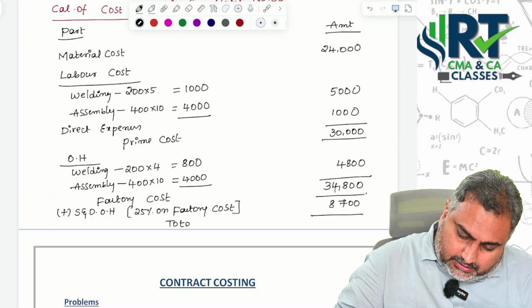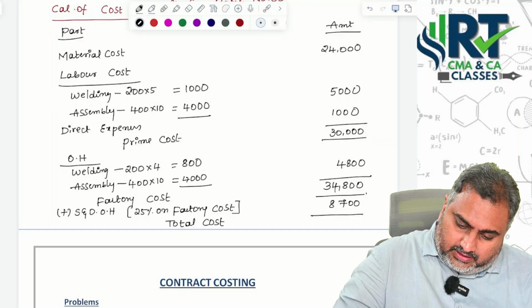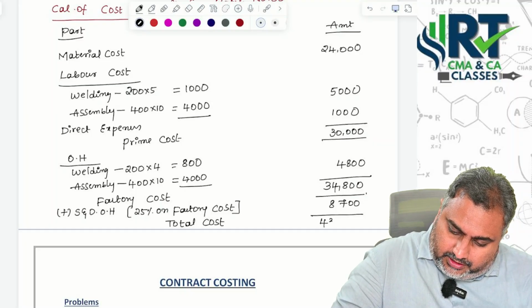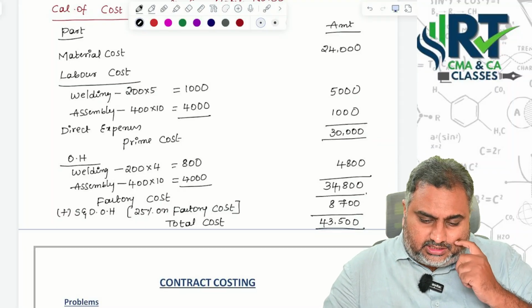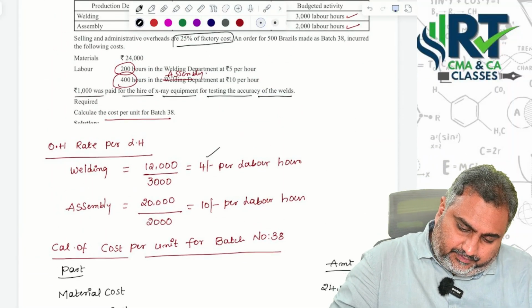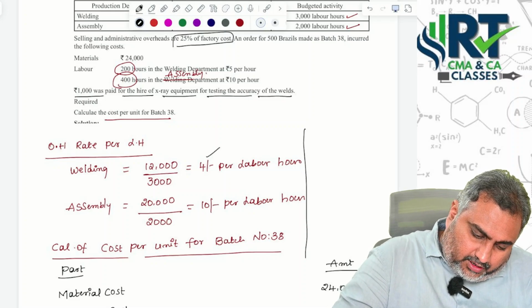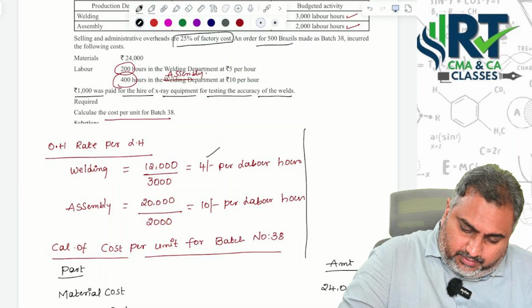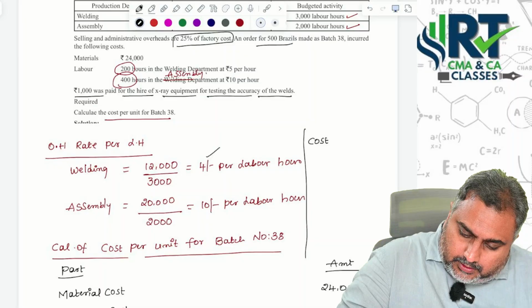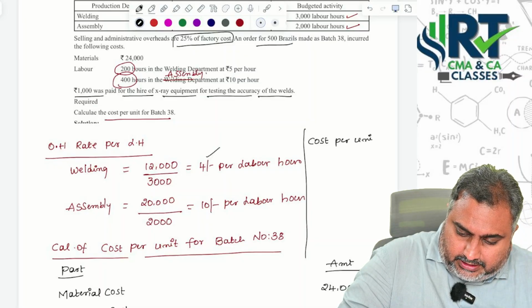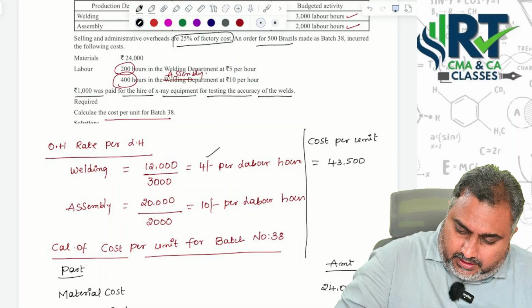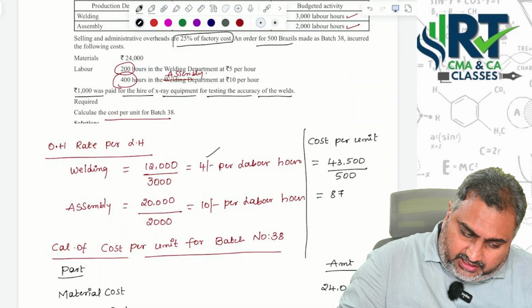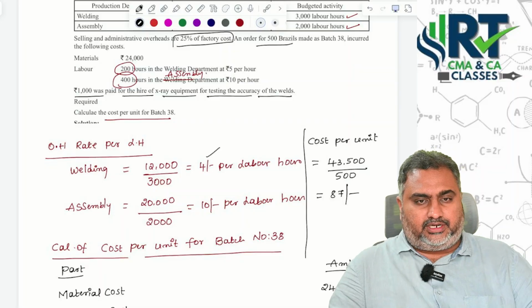Then you will get a total cost of 43,500 rupees. But what they are asking is cost per component. Here I am calculating for an order of 500 units. So cost per unit equals 43,500 divided by 500 units, that is equal to 87 rupees per unit itself.